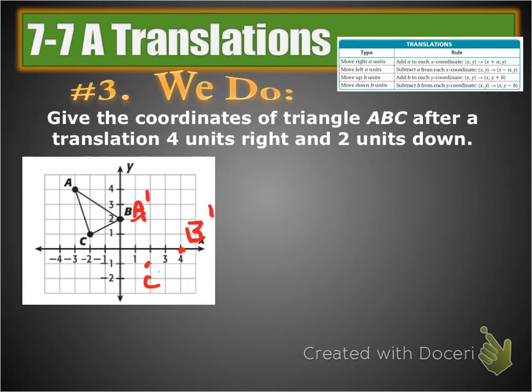And again, just connect those dots. And you've got the same triangle, just slid over. So my points would have been A prime would be 1, 2. B prime would be 4, 0. And C prime is 2, negative 1.